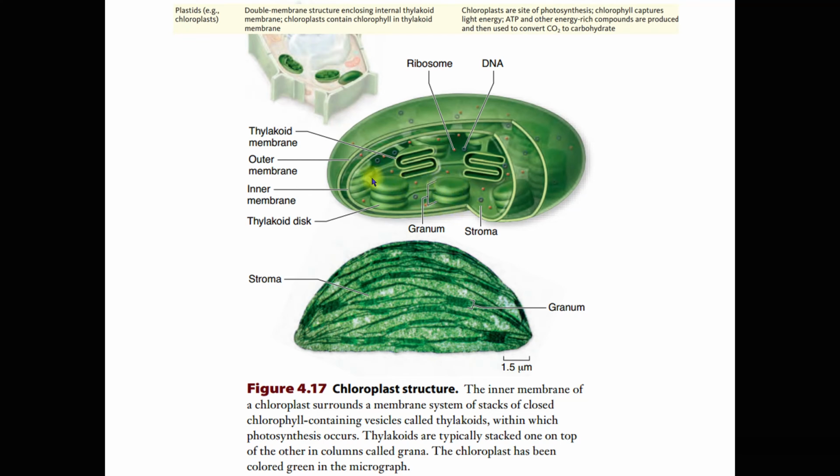And on the surface of the thylakoid membrane there are many chlorophyll pigments, and one chloroplast has many grana or many thylakoids.